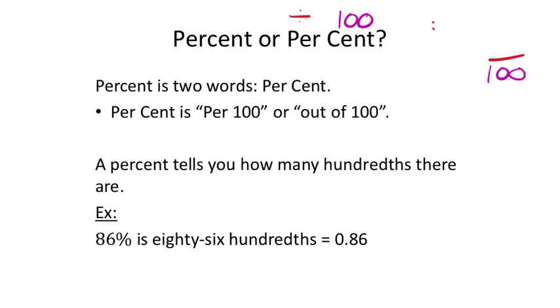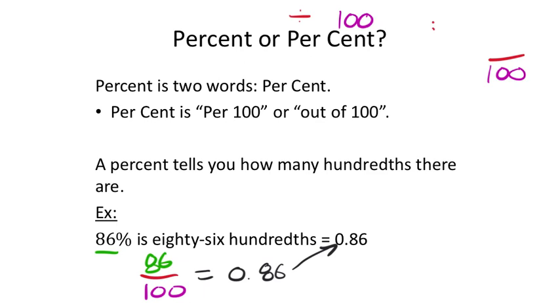Because if you were to take this 86 right here, put that somewhere else, 86. Now it's 86%, so 86 divided by 100, this ends up being, as a decimal, 0.86, just like we see right there, okay? Now this is different.